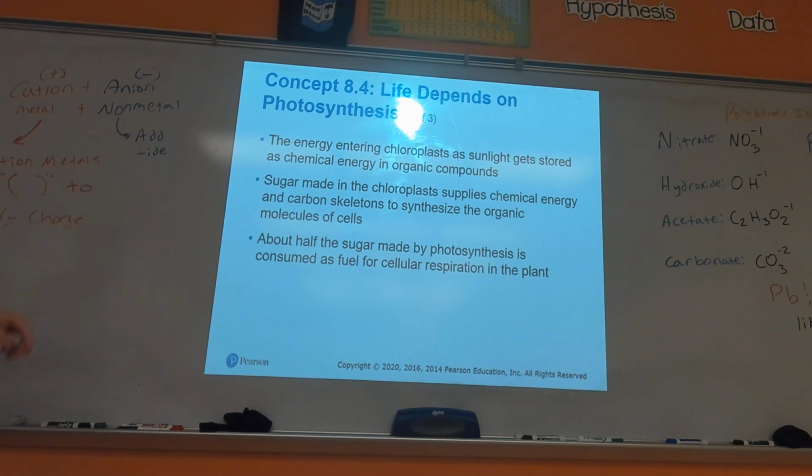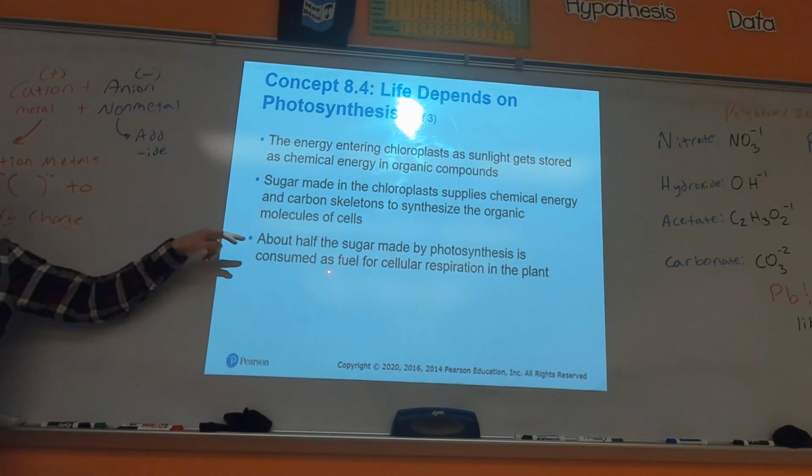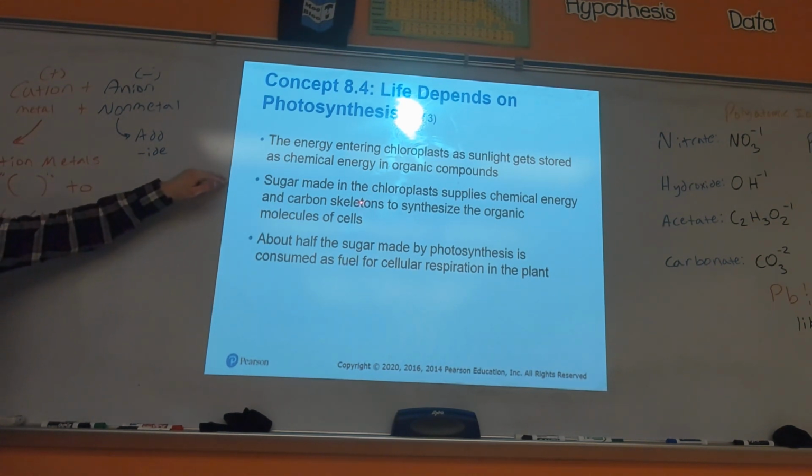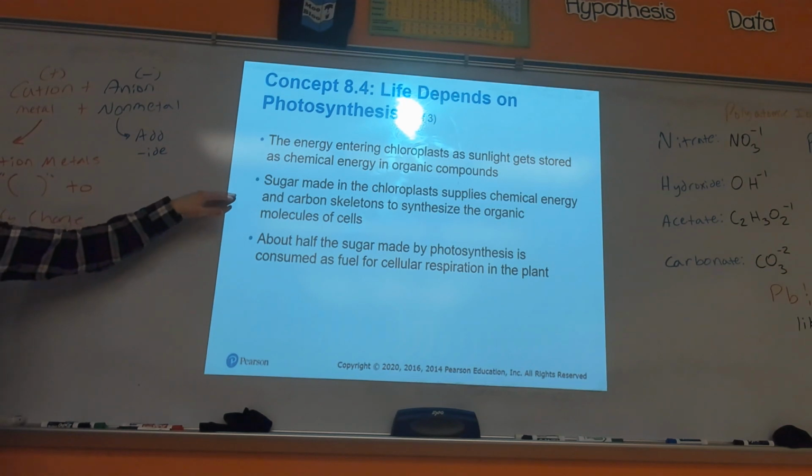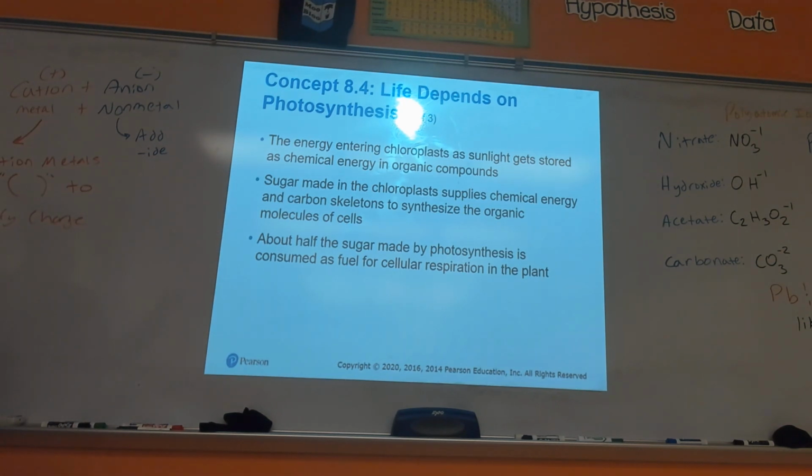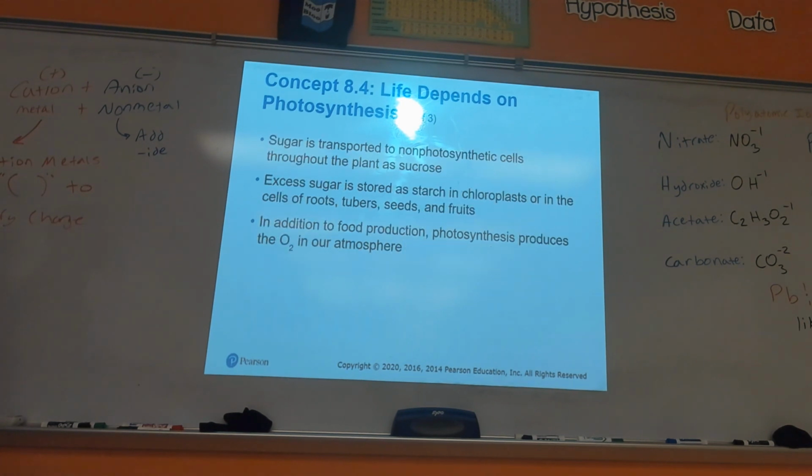Half of the sugar made is used as fuel. The other half is going to be used to make other organic molecules the cell needs, whether that's proteins, maybe some fats. So the plant's going to use that basic G3P, that sugar that you make, to build other things.